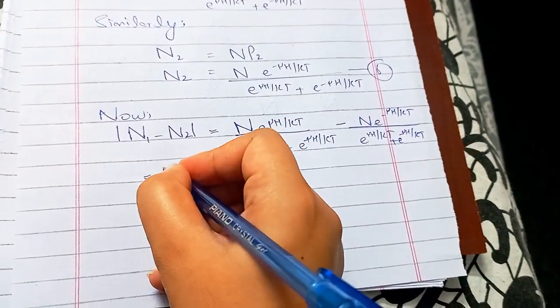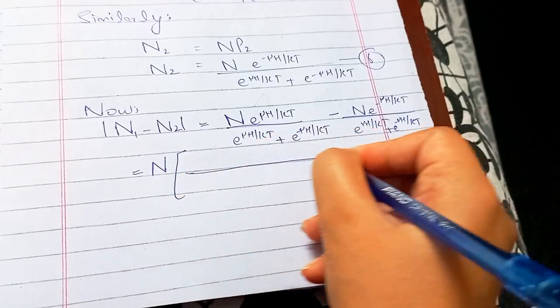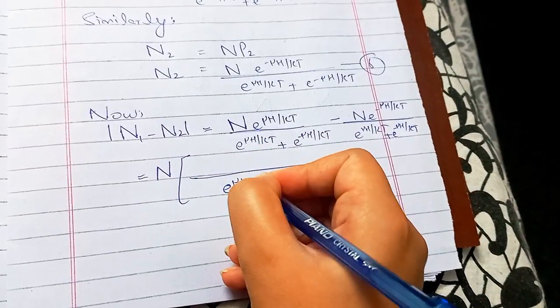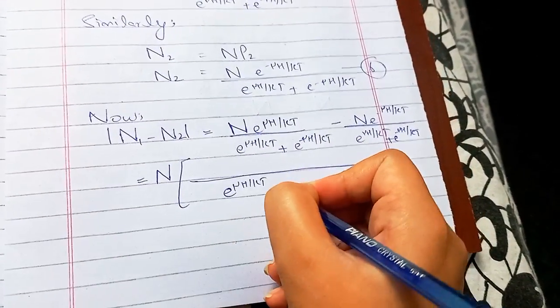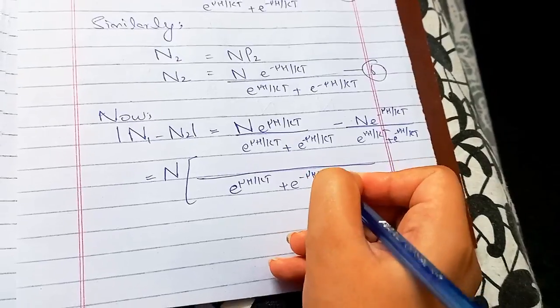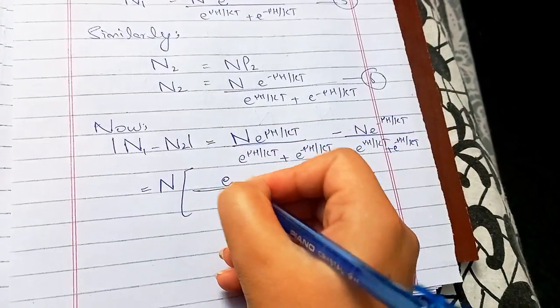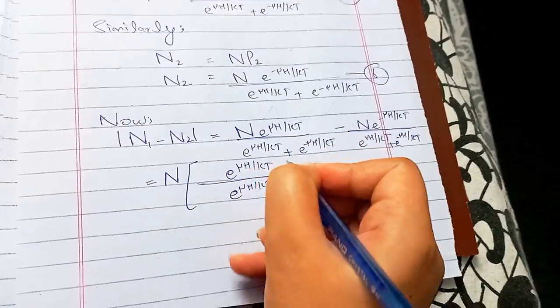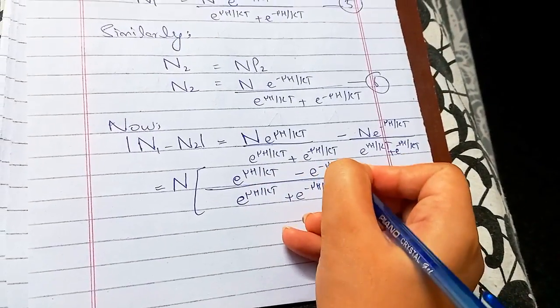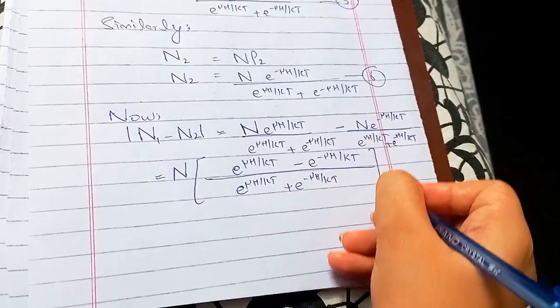Taking capital N common, and the LCM will be e to the power mu h by kT, because the denominator is the same in both the values. The denominator is Z, which is this. We have e to the power mu h by kT plus e to the power minus mu h by kT.